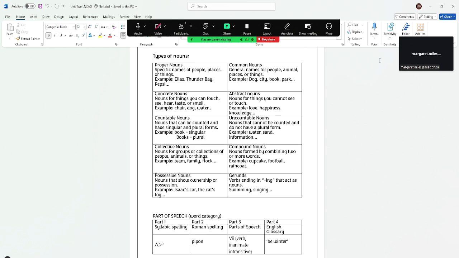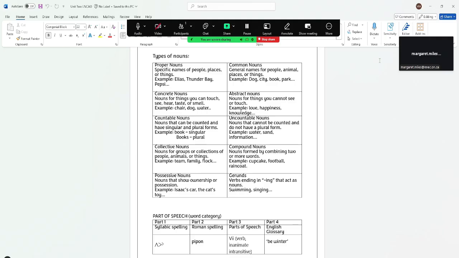Example, Elias, Thunder Bay, Pepsi. Those are proper nouns. Common nouns, so general names for people, animals, places, or things. Like, for example, a dog, a city, a book, or a park.